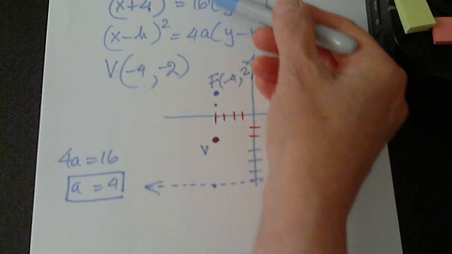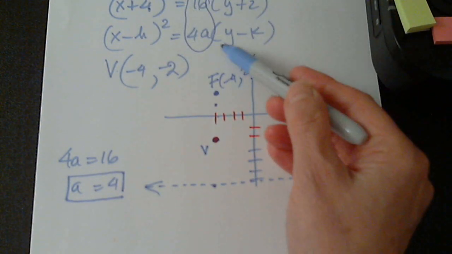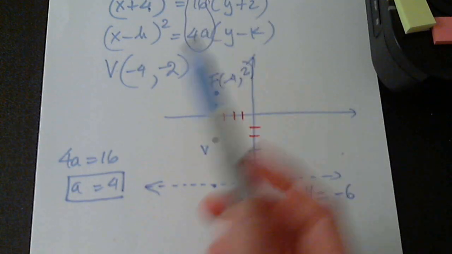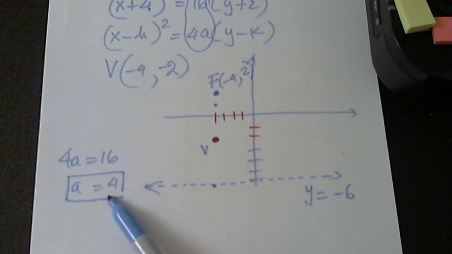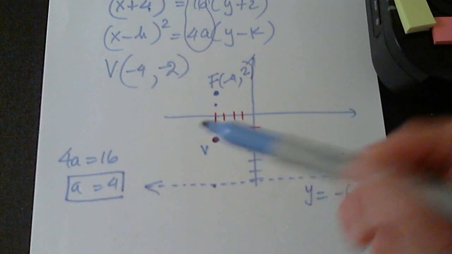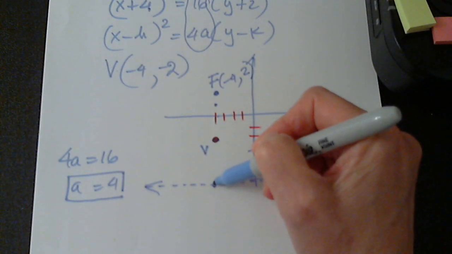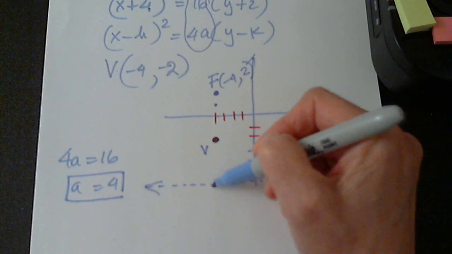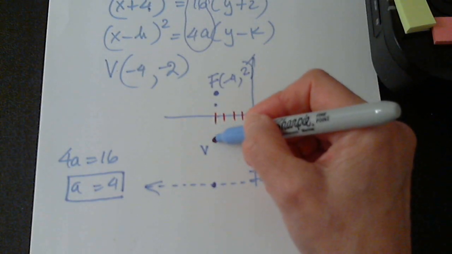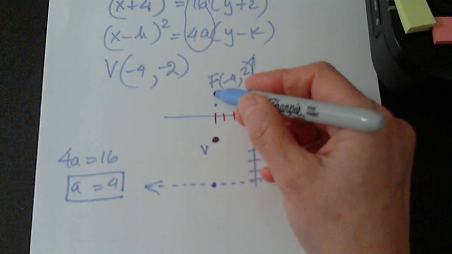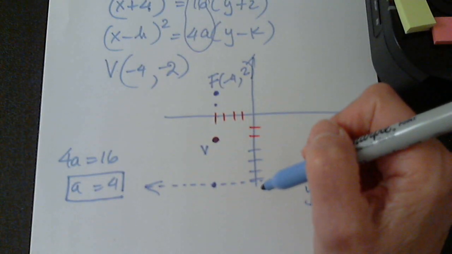Then we compared 16 to 4a, or if you want, we set them equal to each other, and we got that a equals 4. If a equals 4, it means that from the vertex down to the directrix, I have to have 4 units. And from the vertex up to the focus, I also have to have 4 units.